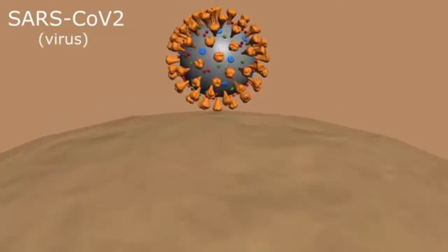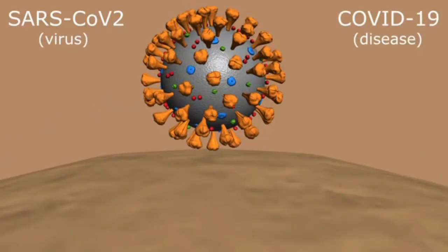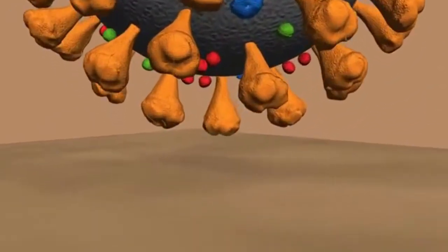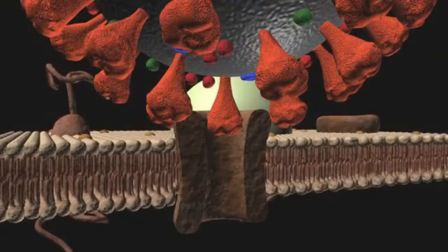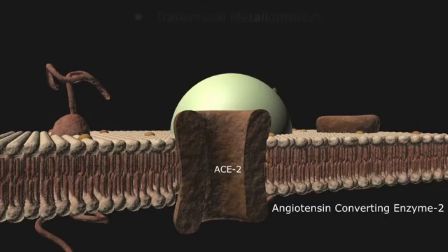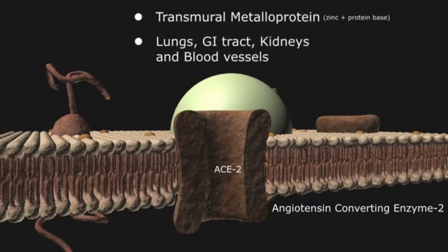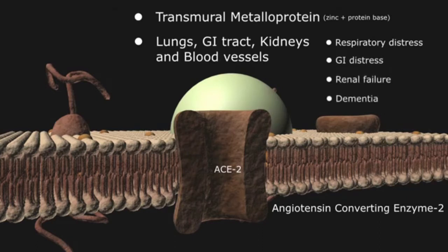The virus responsible for COVID seeks out a specific surface protein molecular target to gain access to our cells called ACE2, which stands for angiotensin-converting enzyme 2, a transmembrane zinc metalloprotein found in the lungs, GI tract, kidneys, and blood vessels. Their distribution would explain some of the presenting symptoms of COVID, including respiratory and GI distress, renal failure, and dementia.